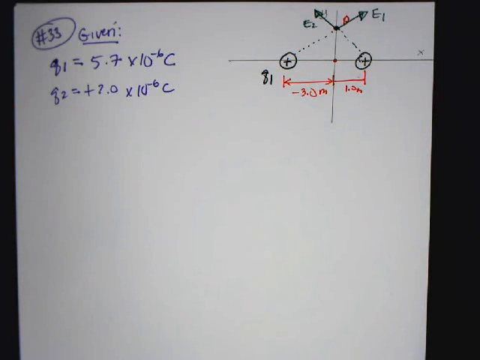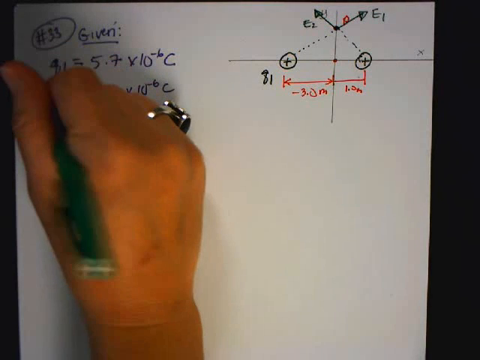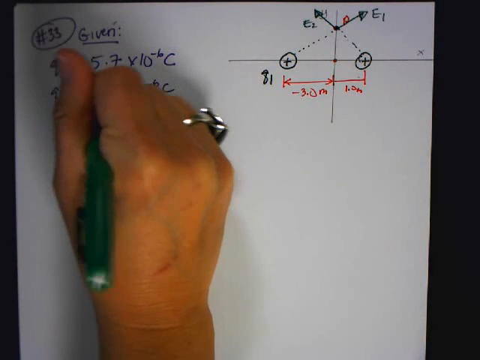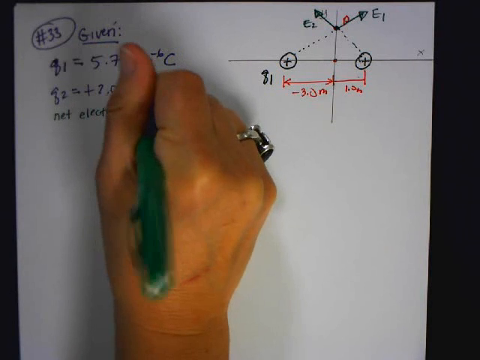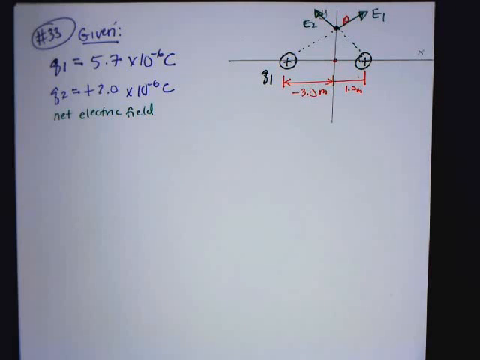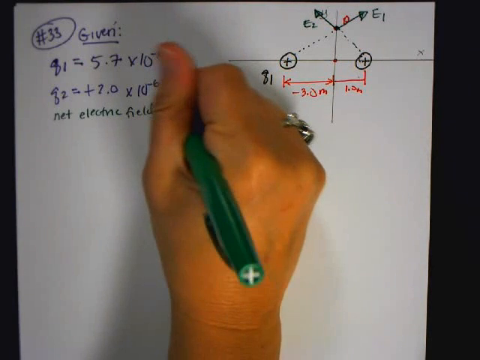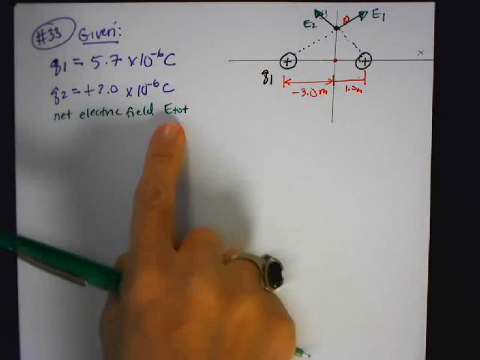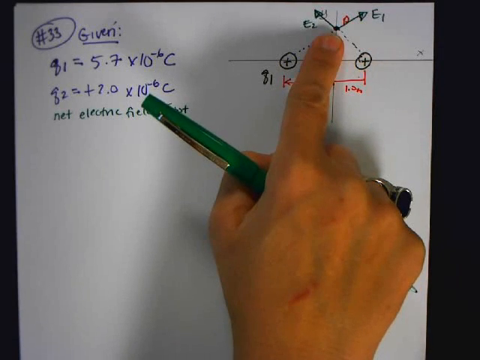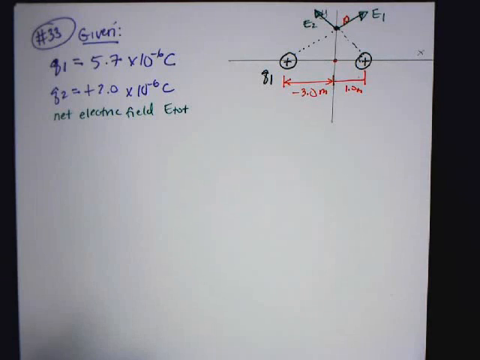And then when it says find the net electric field, the net electric field is really going to be what I'll call E total. All I really have to do is find E1 and E2 and then find the resultant.